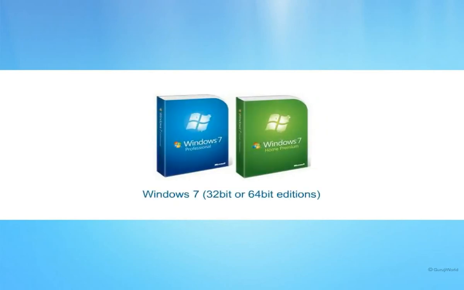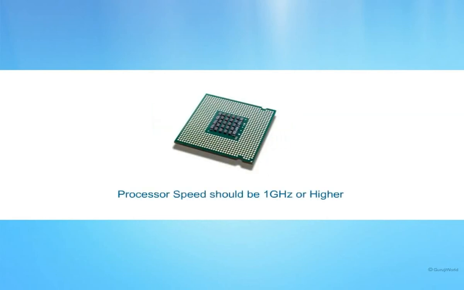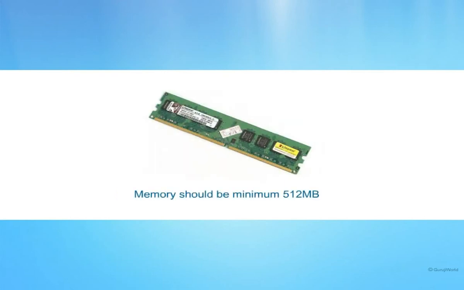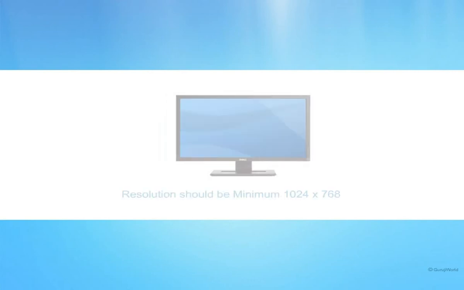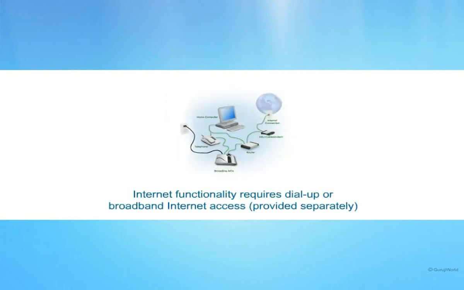System requirements for installing and using Windows Live Essentials are as follows. Windows 7, 32-bit or 64-bit editions. Processor speed should be 1 GHz or higher. Memory should be minimum 512 MB. Resolution should be minimum 1024 into 768. Internet functionality requires dial-up or broadband internet access that is provided separately.